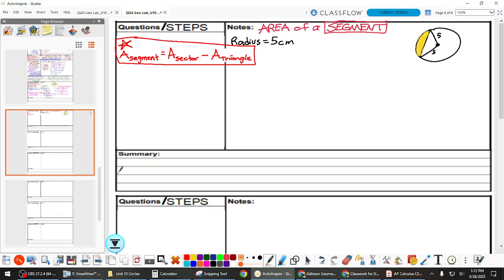So, here's how I would recommend doing these. Step 1 is find the area of the whole sector, which has its own formula. What was it? You need to flip in your notes, go look at it. Theta over 360 times pi r squared. Awesome. Oh, I forgot to give you an angle. Let's do that.